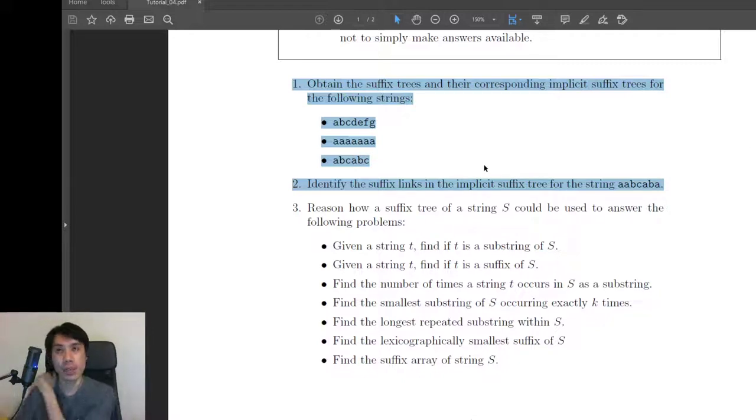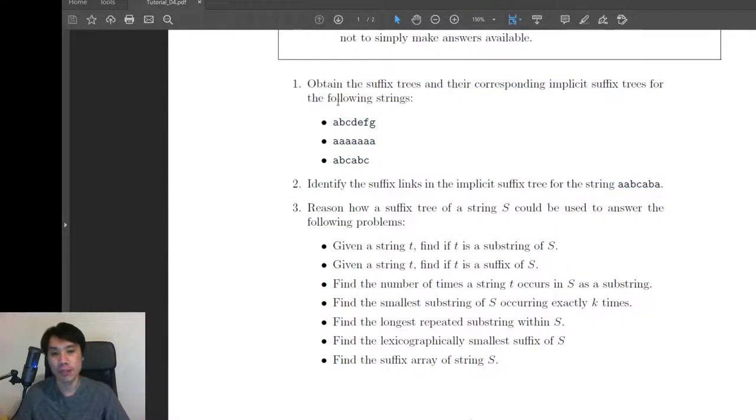If you look at all of your past years' exams about Ukkonen, you're always given 2 questions for Ukkonen. So it's usually, for example, question 3 or question 2, A and B. The first part, question A, is always to draw out a tree. As I mentioned in the past, if you're from the older batch, or if you ask your seniors in 3155, Harun, your chief examiner, loves trees a lot.